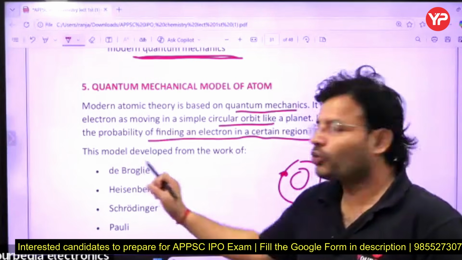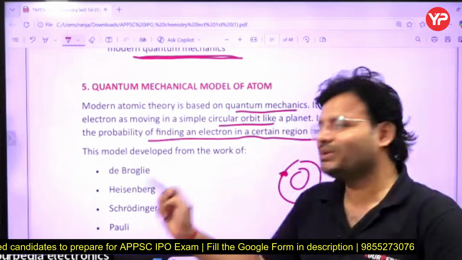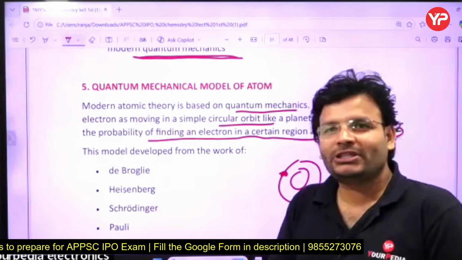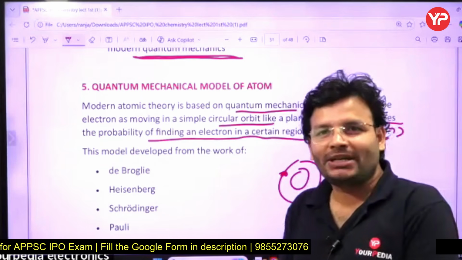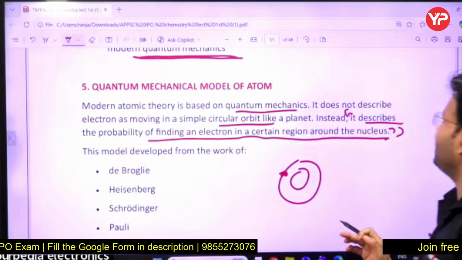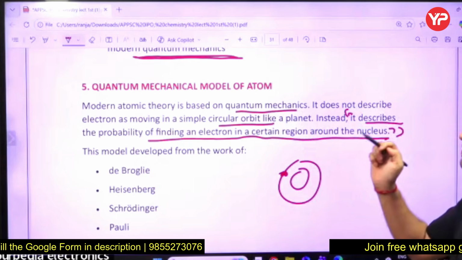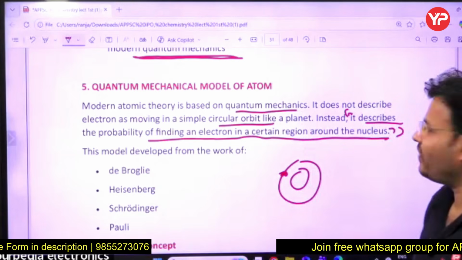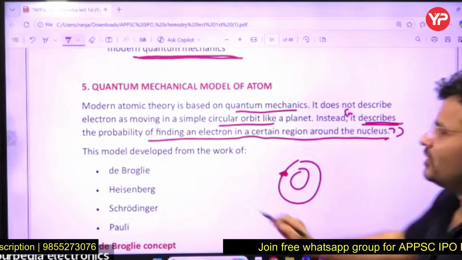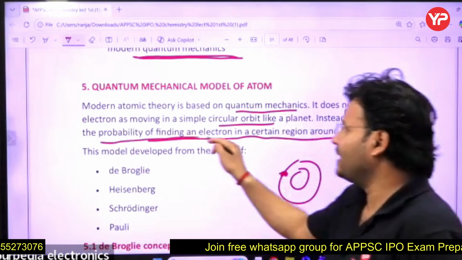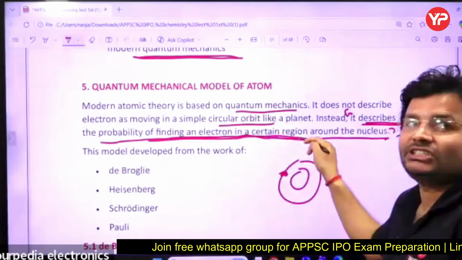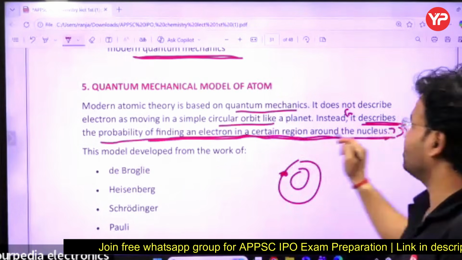If you talk about the de Broglie wave, which I will discuss after five minutes, we are not sure about the position, we only get the probability. So always keep in mind, my dear friends, that the quantum mechanical model of atoms describes the probability of finding electrons in a certain region around the nucleus.